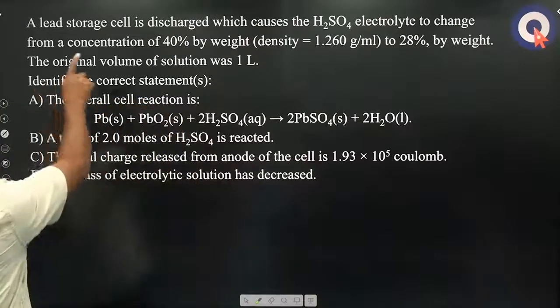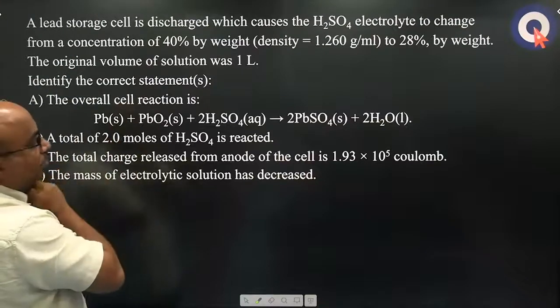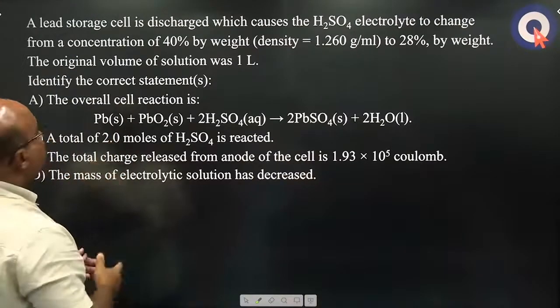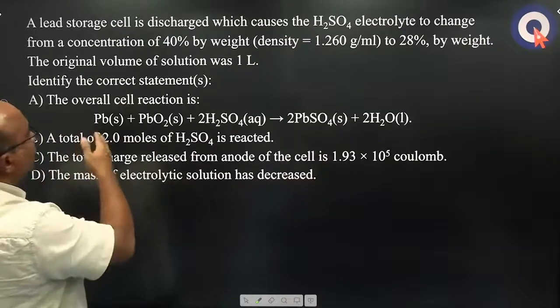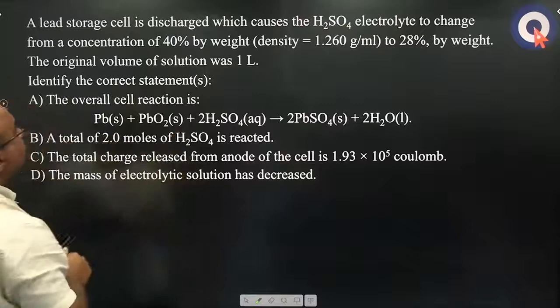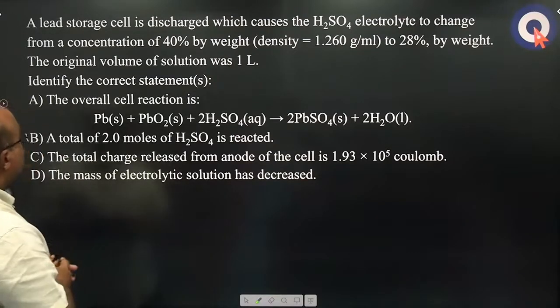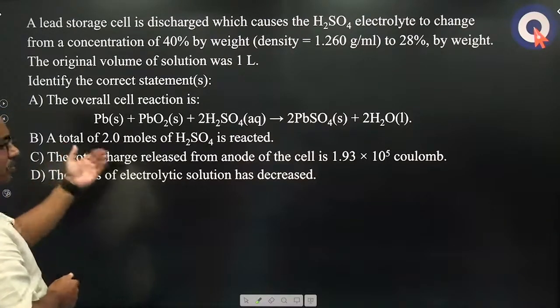The lead storage battery discharges, with H2SO4 as the electrolyte, which will change in concentration from 40% by weight to 28% by weight. The original volume of the solution is 1 liter. Identify the correct statements. So the overall cell reaction is this.